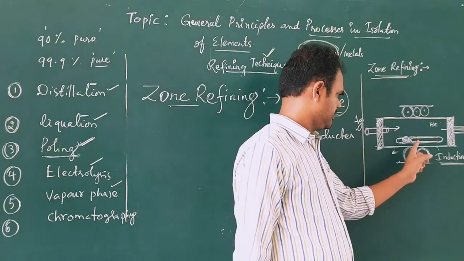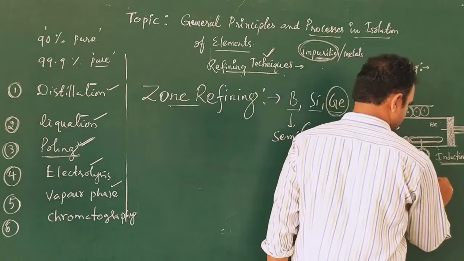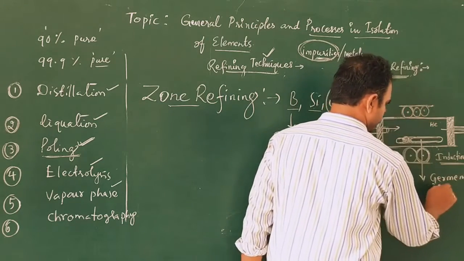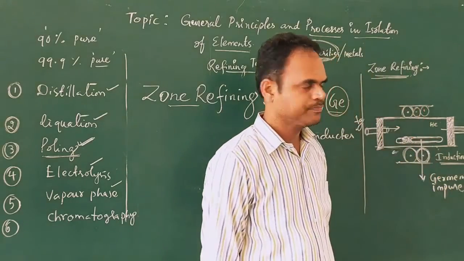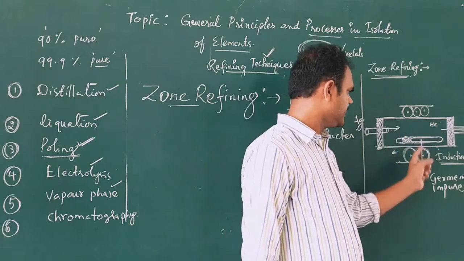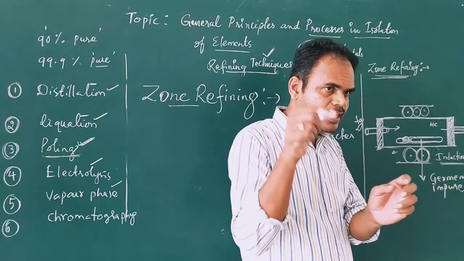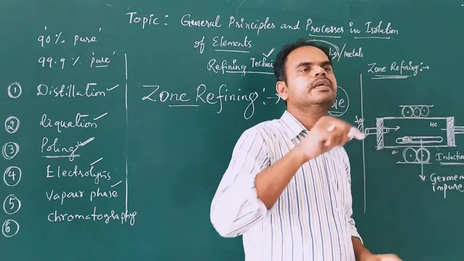Next, here I have taken germanium. An impure germanium rod is taken in the chamber. On the cylinder, at the bottom and the top, there are cylindrical wheels kept. These are nothing but what we call induction coil wheels.